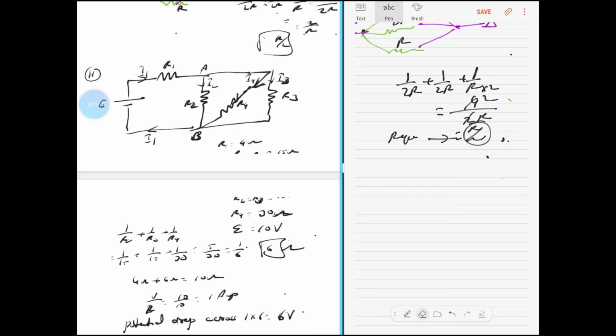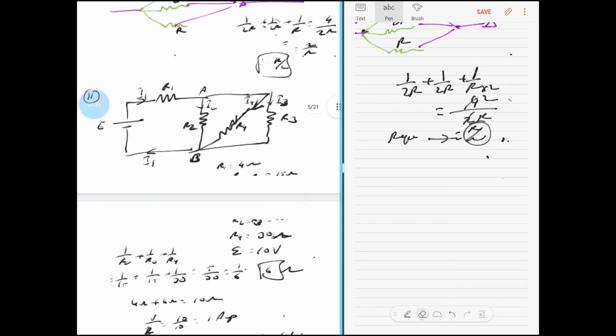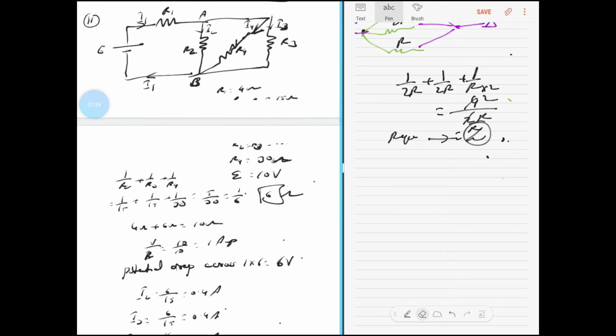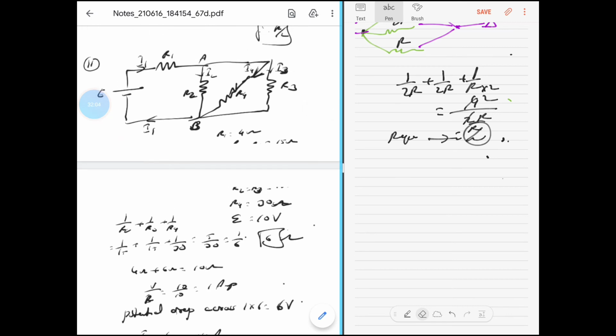You know the current flowing through the circuit is 1 amp, so the potential drop is 6 volts.